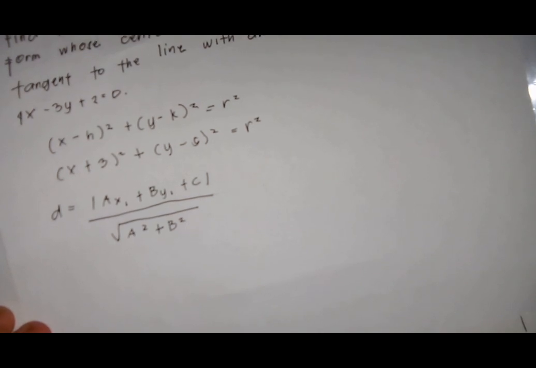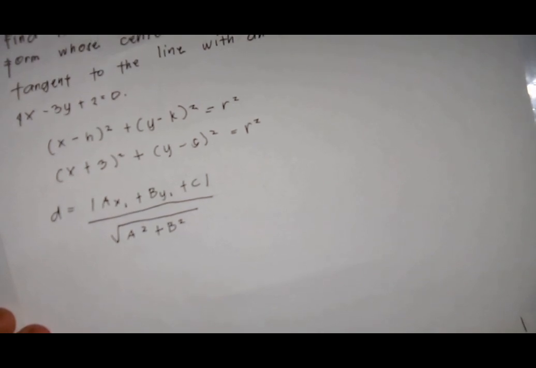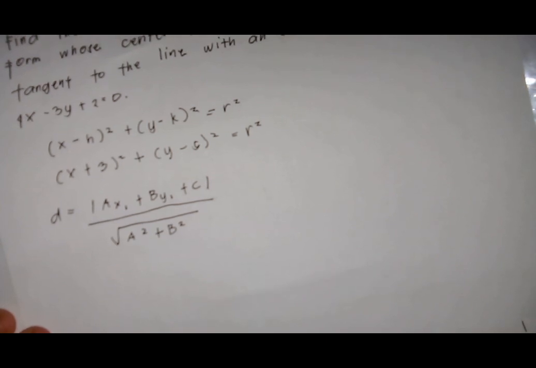For the line 4x minus 3y plus 2 is equal to 0, the coefficients are a is equal to 4, b is equal to negative 3 and c is equal to 2.